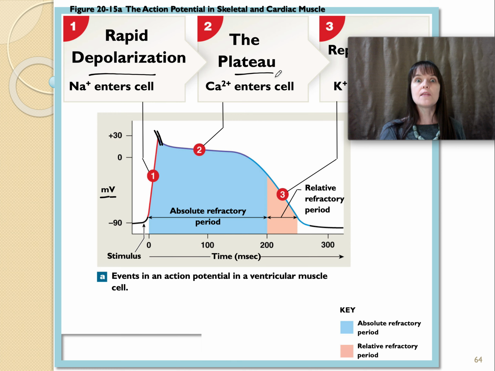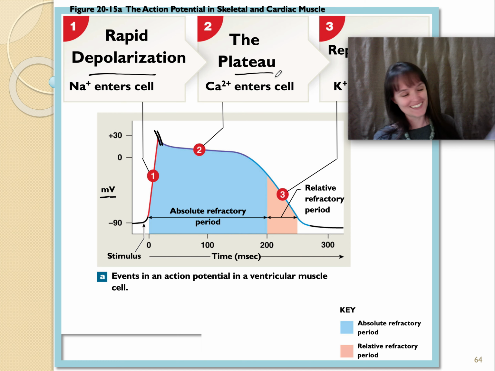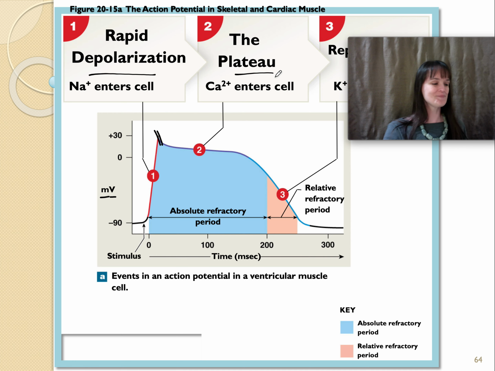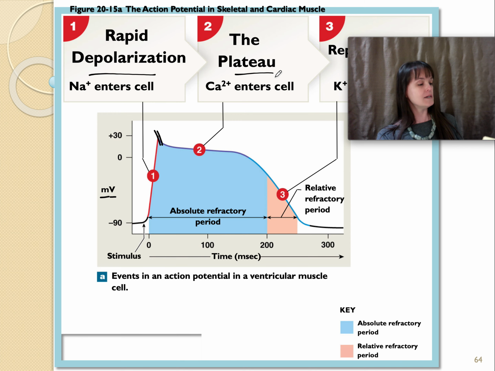Number 2 is the plateau. You know what they say about plateaus? The highest form of flattery. I can't say it with a straight face yet. I still think it's too funny. Plateaus are the highest form of flattery. Zero days without mom jokes. Excuse me. There's no excuse. It's happening anyway. Okay, because plateaus are flat, but like high, flat.